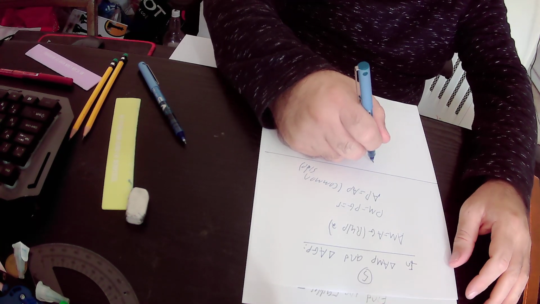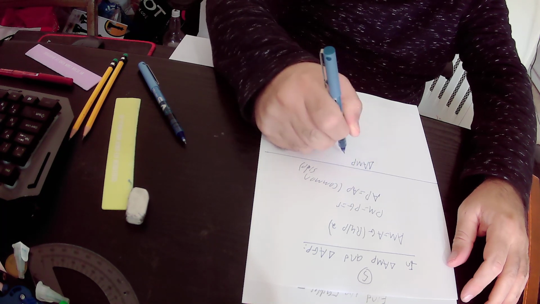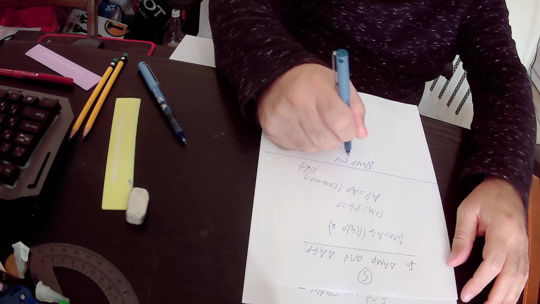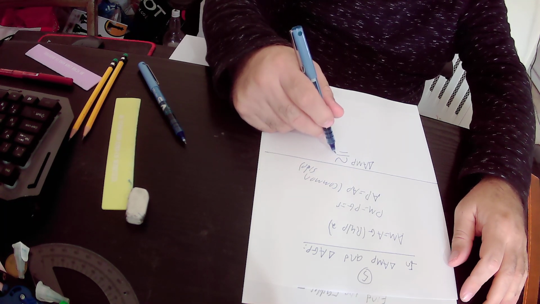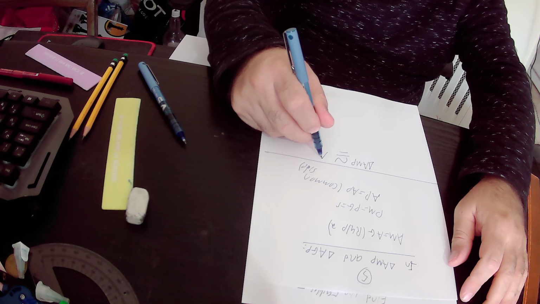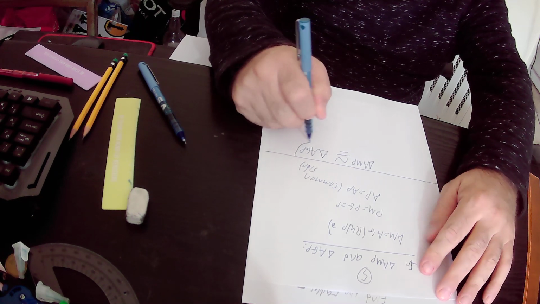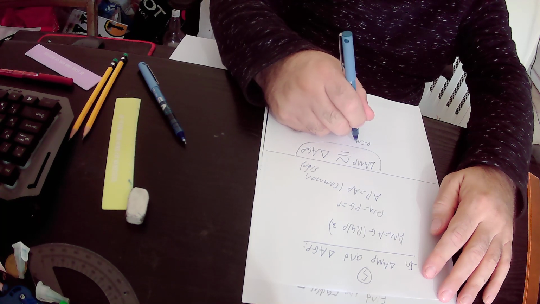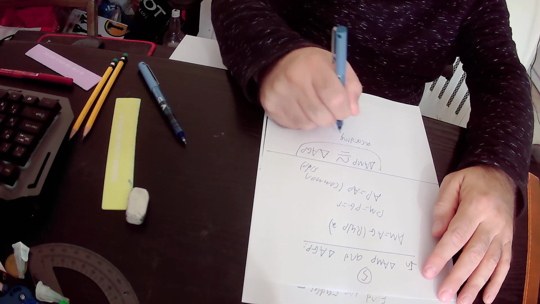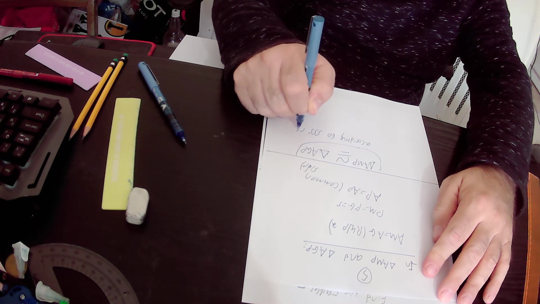We proved that triangle AMP is congruent to triangle AGP according to the side rule.